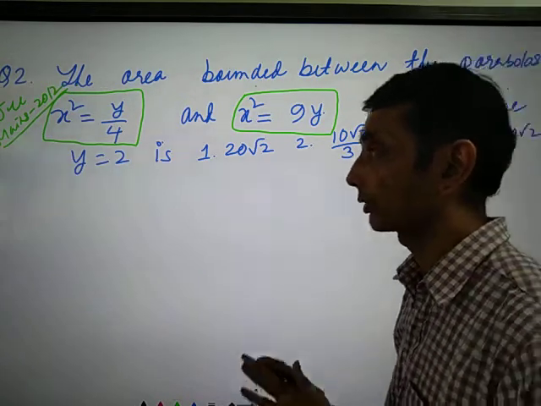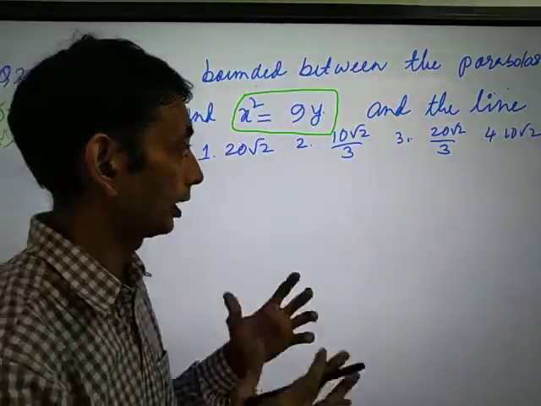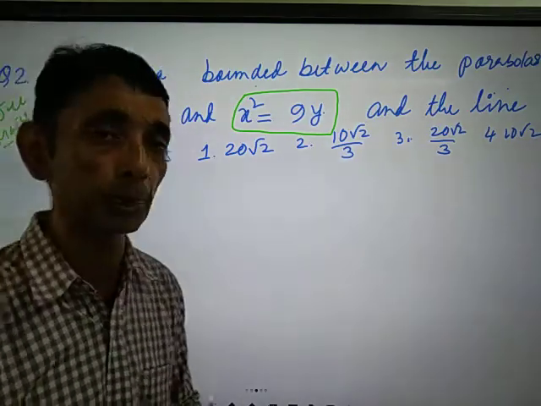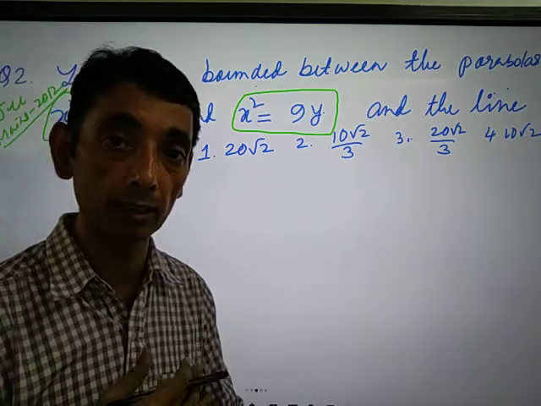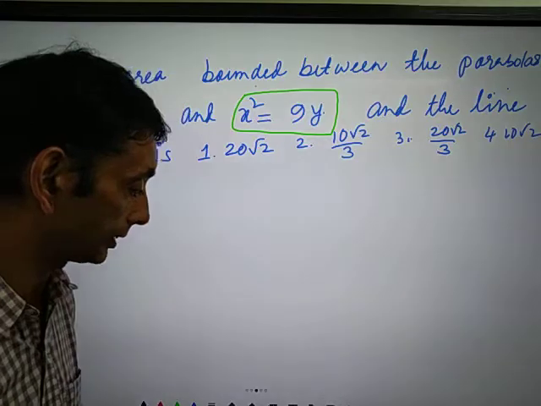This is also a question from JEE Mains 2012. These questions are simple. The only thing is that you have to practice a lot so that in lesser time you can solve questions and get the answers.